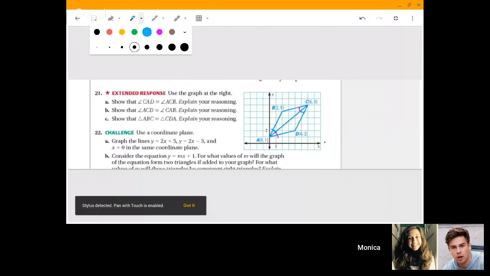And then also, we know that that side here is congruent because of the reflexive property. So if you can prove that this is congruent, then you can show that the two triangles are congruent because of angle, side, angle. Okay? Does that make sense? Okay, good.